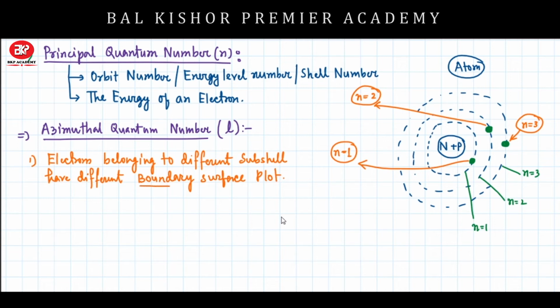And depending on the nature of the boundary surface plot, we say there are different subshells. Some typical boundary surface plots are like this.